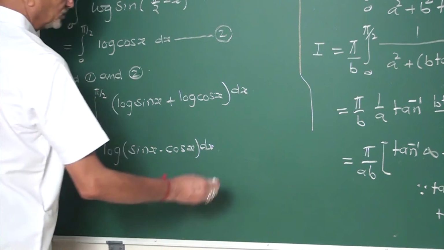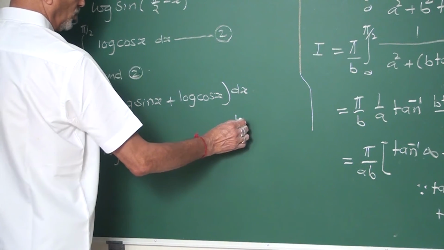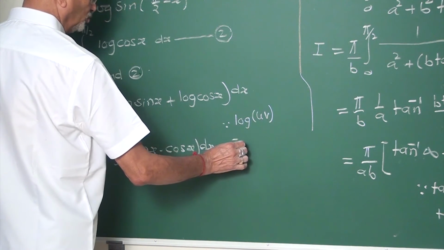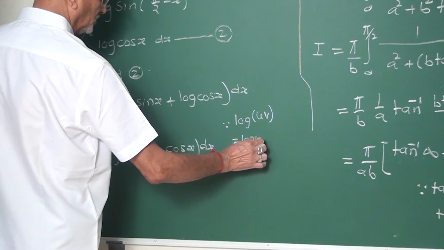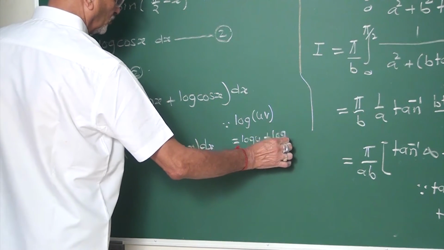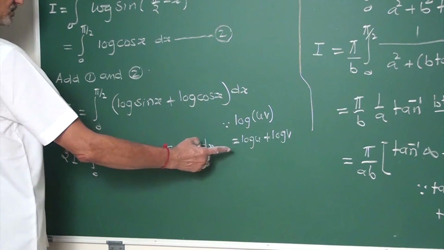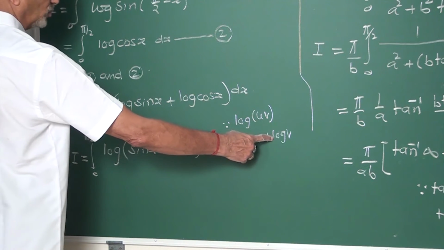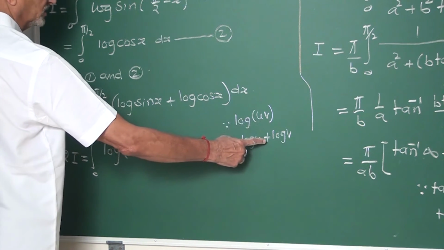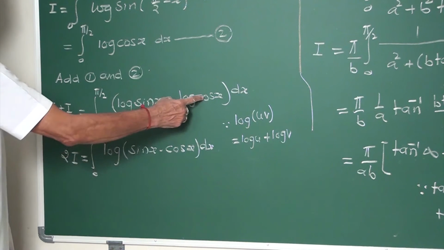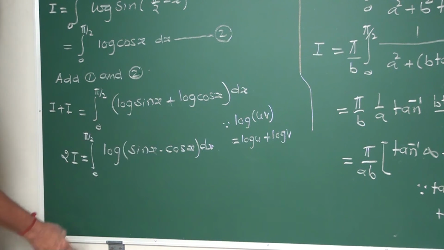My friends, you know this property, because the log of uv product rule is log u plus log v. Apply from RHS to LHS: log u plus log v is log uv. Sum is product. Yes, my friends.